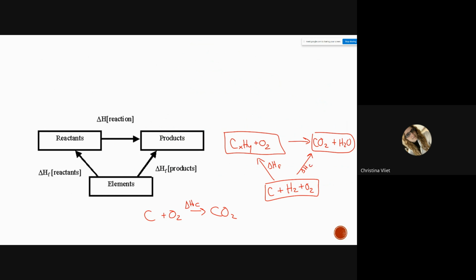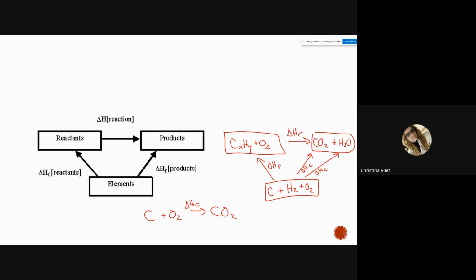Hydrogen to become water, what happens? It also has to be combusted. So it's another delta HC. And then the overall reaction you could call a delta HR, the enthalpy of reaction for any combustion.